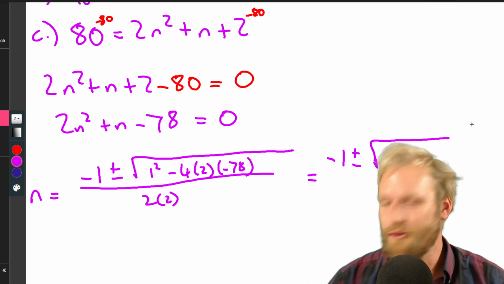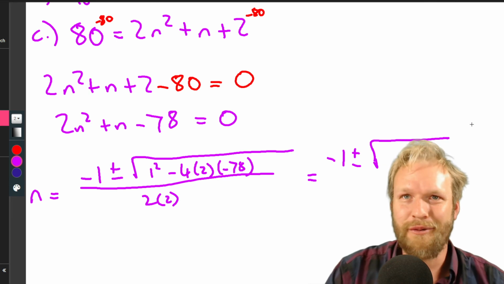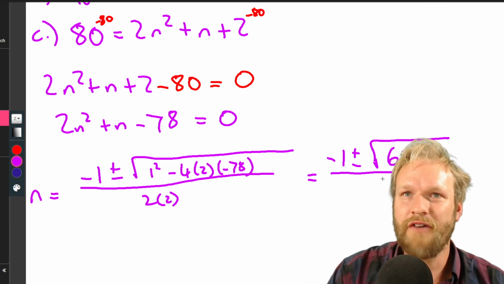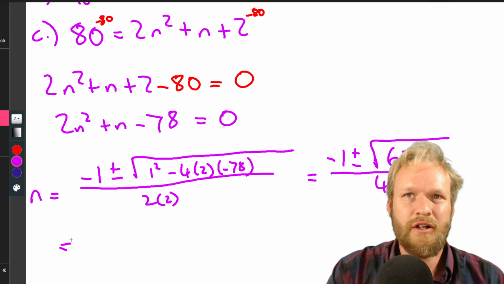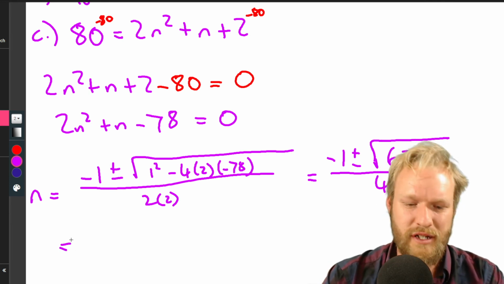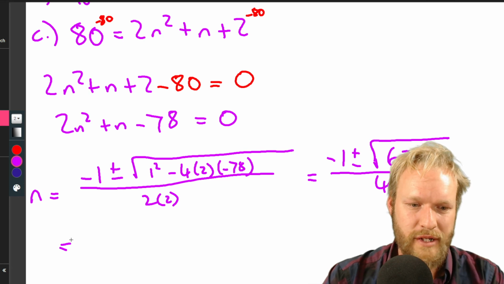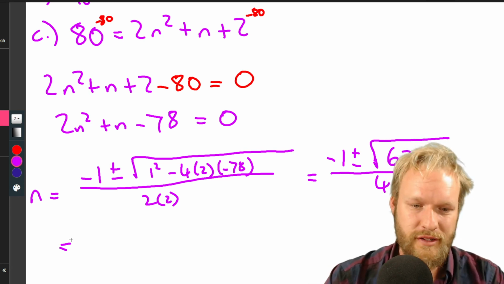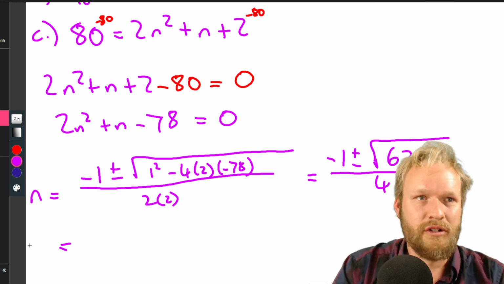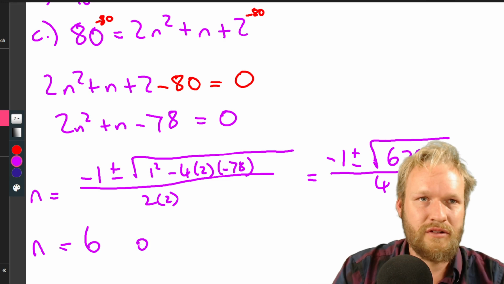That's not quite what I wanted. There we go, play nicely. 625 over 2 times 2 is 4. And so we can punch that in our calculator. Bracket here, minus 1 plus or minus the square root of 625, everything over 4 equals n equals 6.